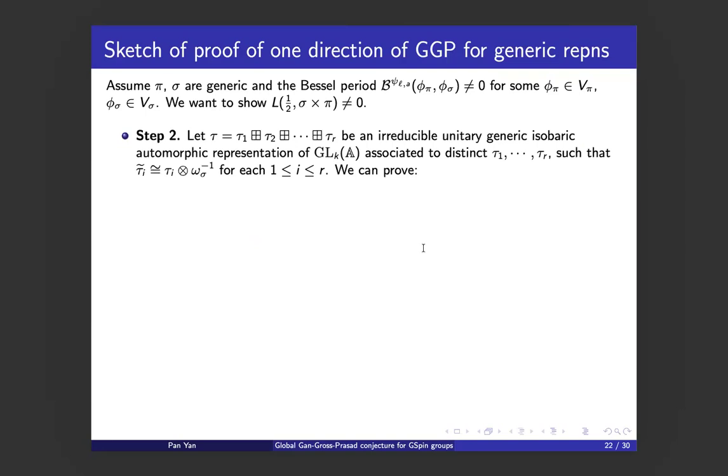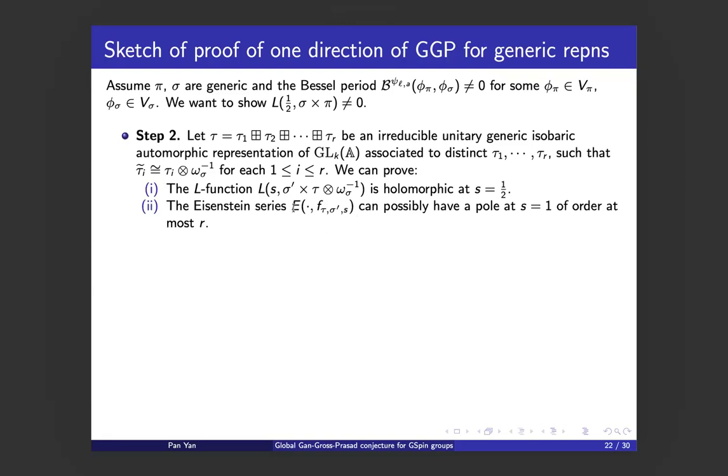Step 2, we take tau to be an irreducible unitary generic isobaric representation of GL_k associated to distinct tau_1 through tau_r, such that tau_i contragredient is isomorphic to tau_i tensor omega_sigma inverse for each i. We can prove the following statements. The L function of sigma prime times tau twisted by omega_sigma inverse is holomorphic at 1/2.